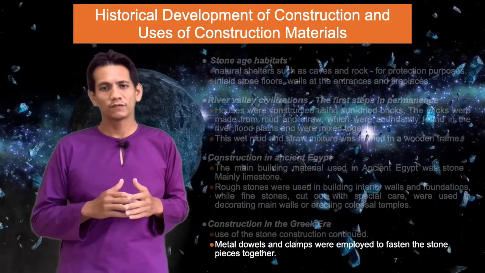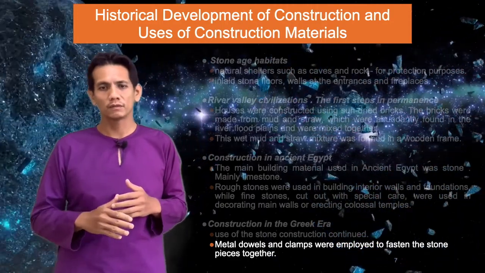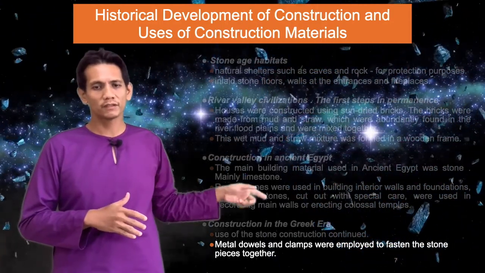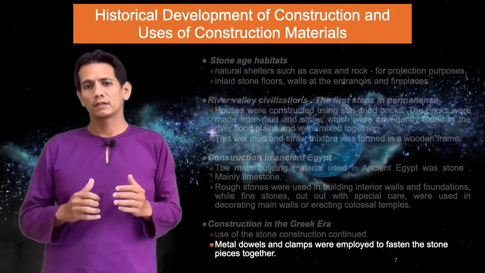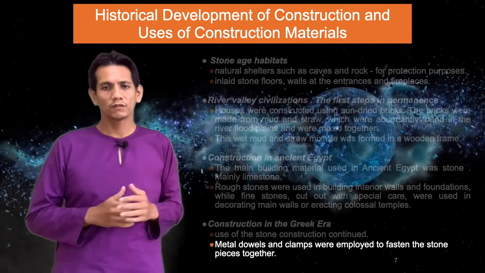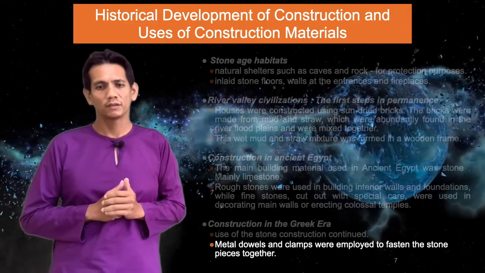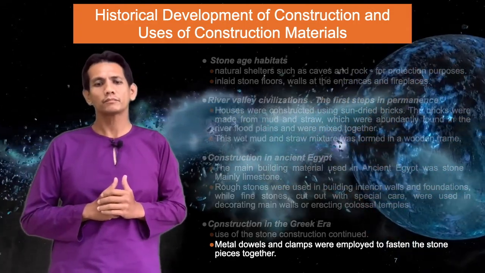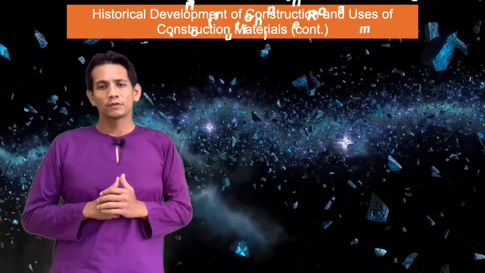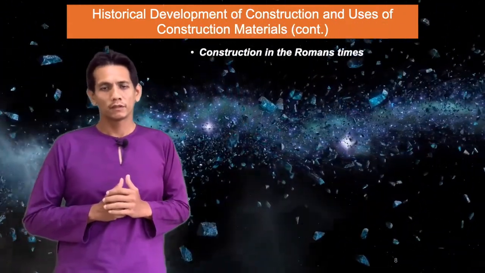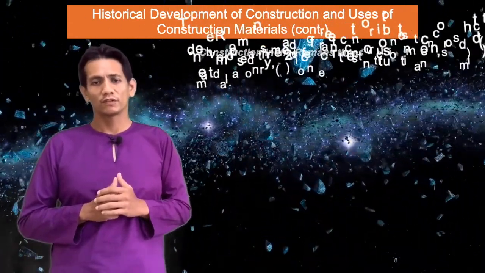These are the historical developments from the Stone Age habitats to construction in the Greek era. Then we continue with the historical development of construction and uses of construction materials.